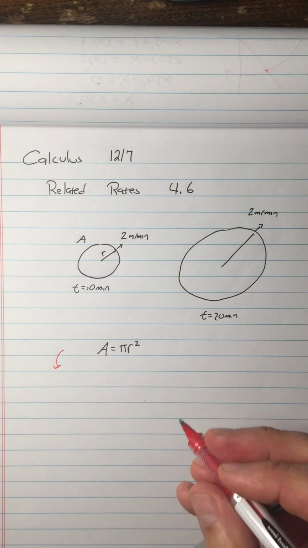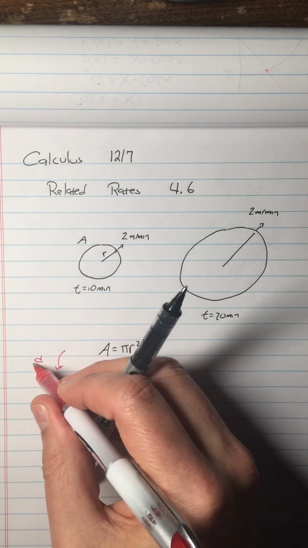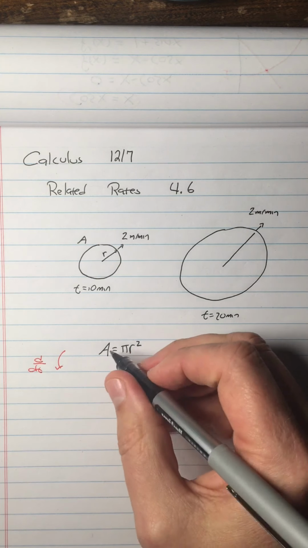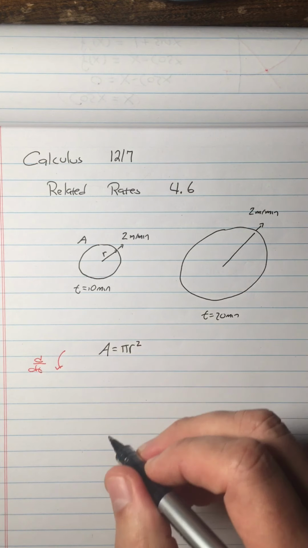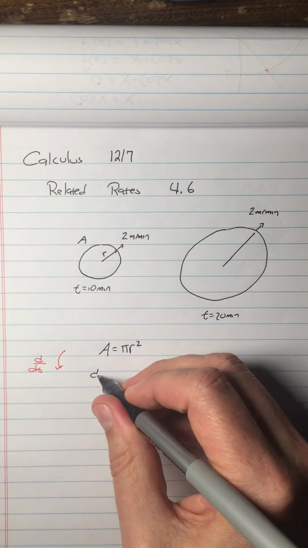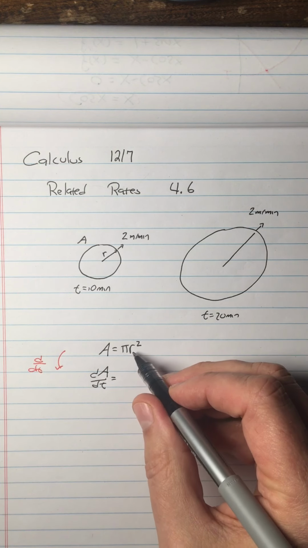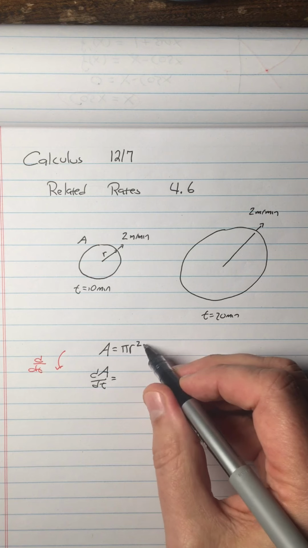So instead of doing the derivative with respect to r, I'm going to do the derivative with respect to t. The derivative of A with respect to t, I just say that's dA/dt.